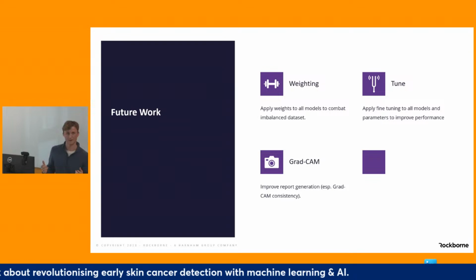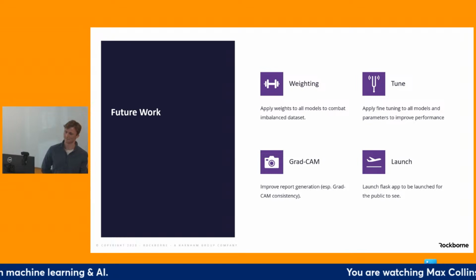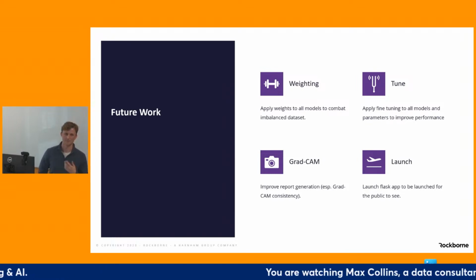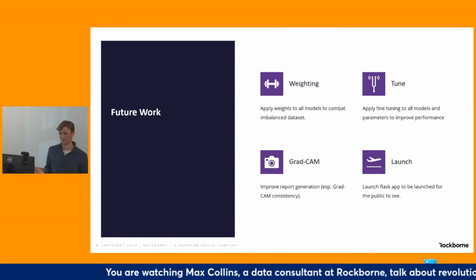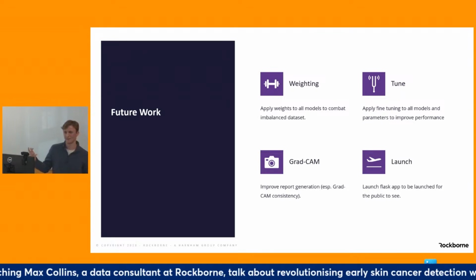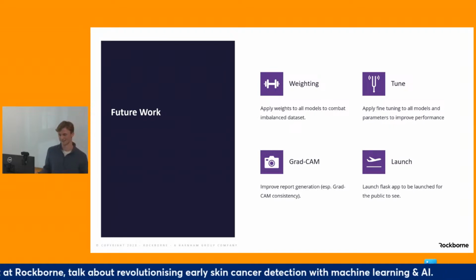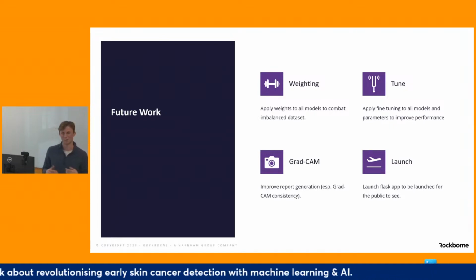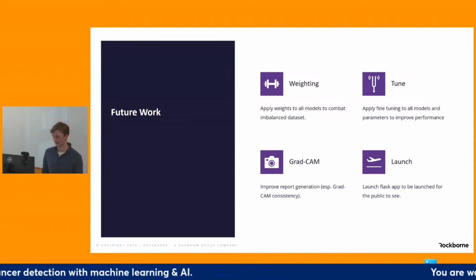So if anyone wants to look through my code and see if they can spot them, you're more than welcome. Be my guest. And then, once all these models are up to scratch and performing well, I'd like to launch the app to at least be able to be publicly seen. I don't think it's anywhere near being used as a medical tool yet, but it would be nice to see people interact with it and get feedback that way.